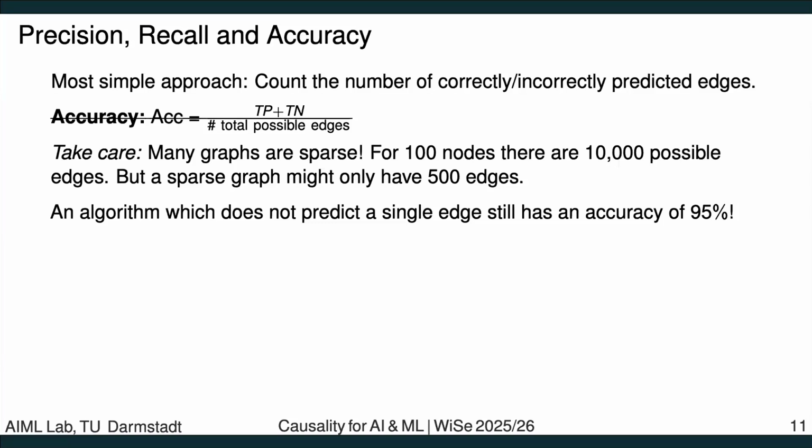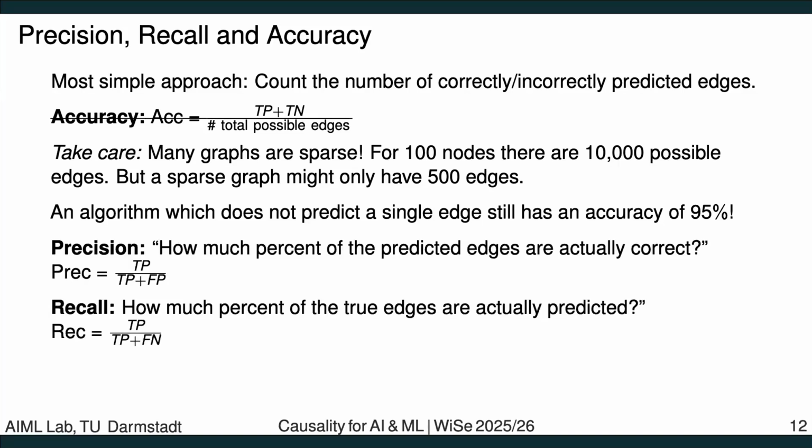So of course, this might be okay to use if we know we have dense graphs, but still it's not the best thing to do, or you at least need to be careful with that. What is more often used is precision and recall. So we only look at the edges that we have in our true graph.